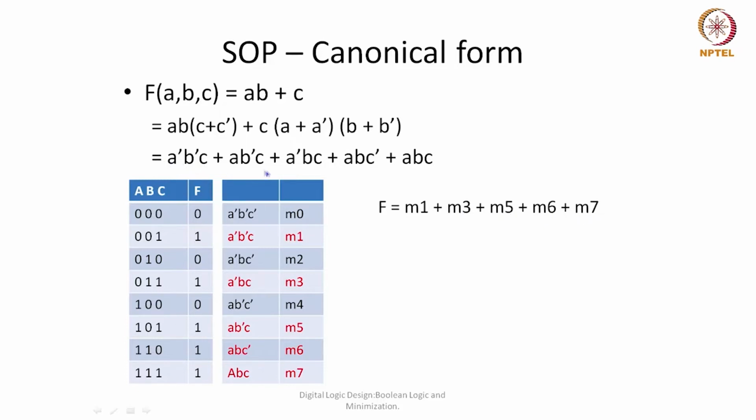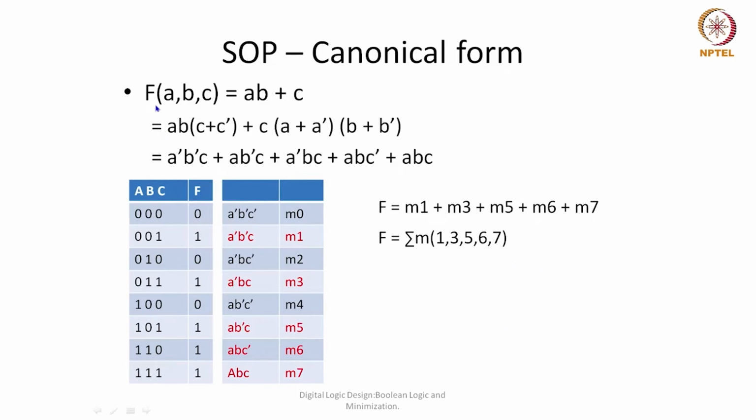So rather than writing in this long form, we can write directly the corresponding decimal number for that min term. Further, we also sometimes write the expression with the symbol of sum, and m with parentheses, meaning m1, m3, m5, m6 and m7, and because of the sum symbol, we are adding all of these min terms.